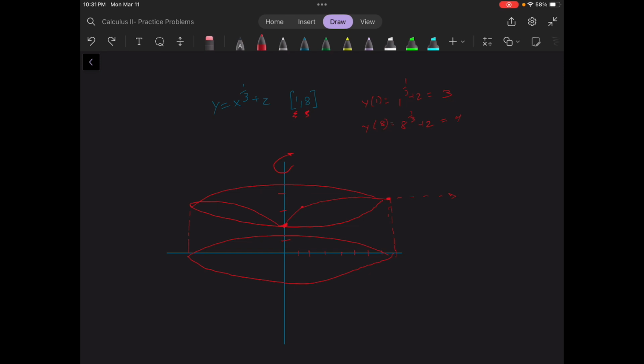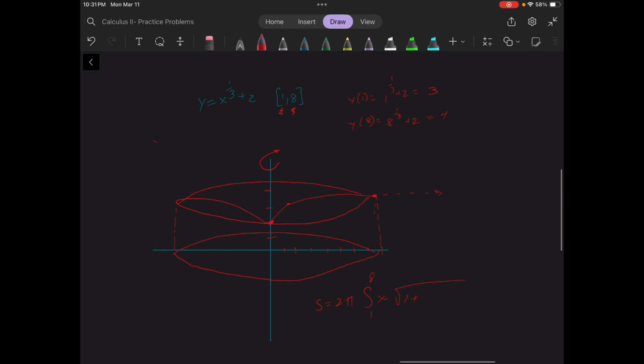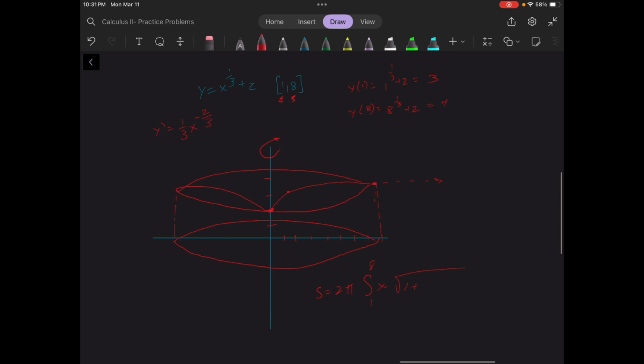Well, we're able to do 2 pi times the integral from 1 to 8 of, since we're revolving around the y-axis again, that r of x function is just x, and the square root of 1 plus the derivative squared. What's the derivative? Y prime. The 1/3 comes out front, you subtract 1 from the exponent, and you square that to get a 1/9 x to the negative 4/3.